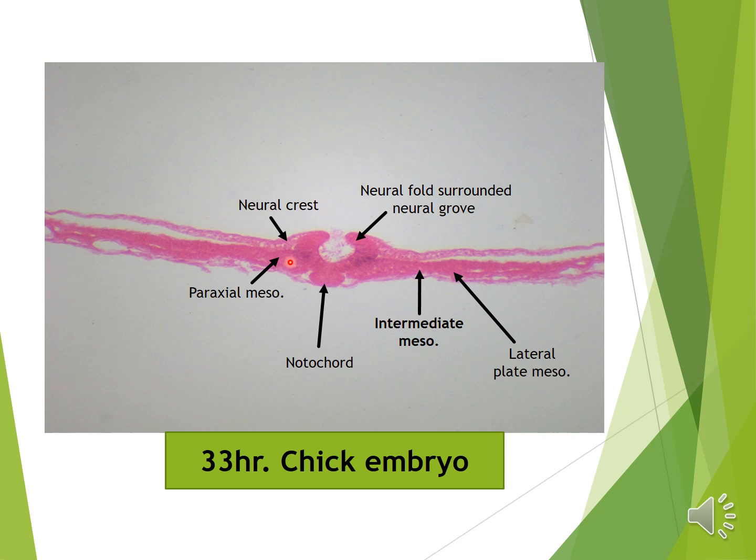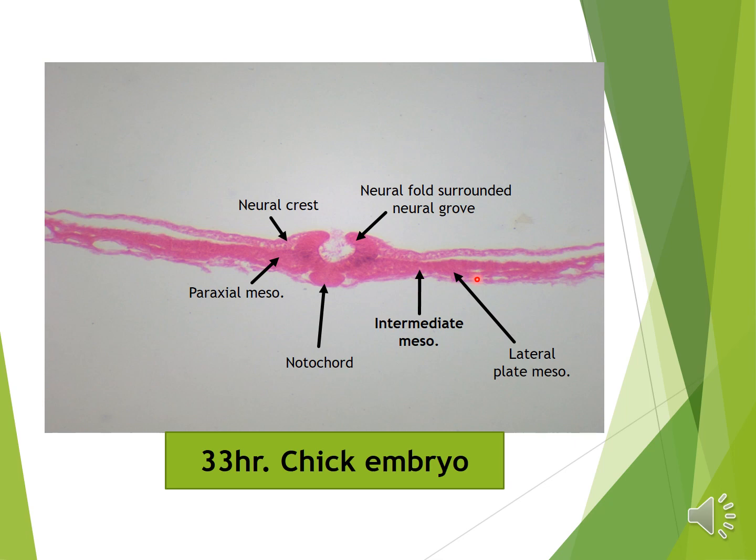Paraxial mesoderm later forms somites, and intermediate mesoderm later forms the kidney, and a lateral plate mesoderm divided by a small cavity.